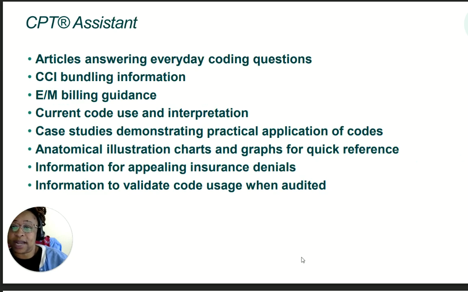There are articles answering everyday coding questions, CCI bundle information, E&M billing guidance, current code use and interpretation, case studies, demonstrations, practical applications of codes, anatomical illustration charts, graphs for quick reference, information for appealing insurance denials, and information to validate code usage when audited. We can always use the CPT Assistant. It is also listed in your CPT book as well.